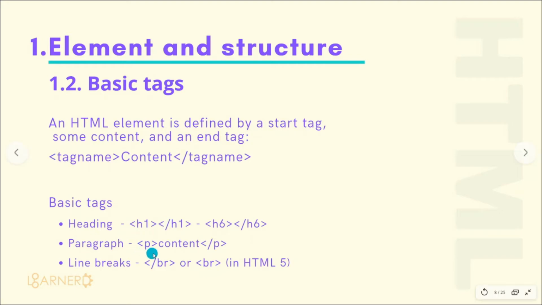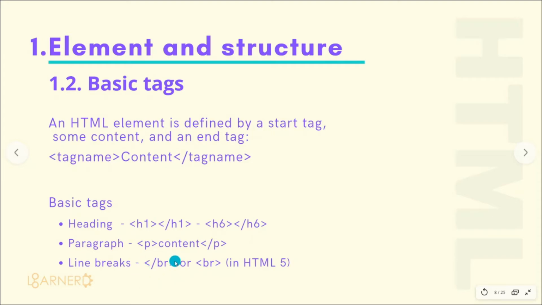For representing the paragraph, we have the p tag, as you can see in the example. The line break is usually used to break the line or the statement in the paragraph.